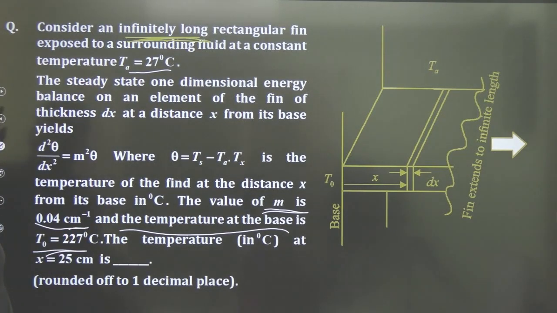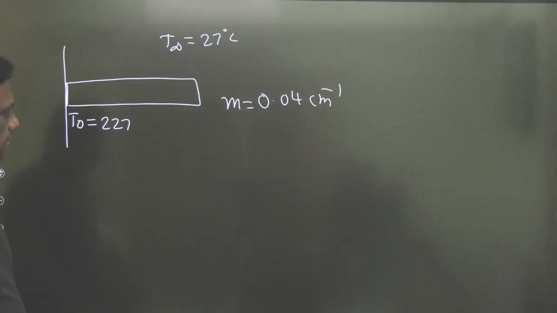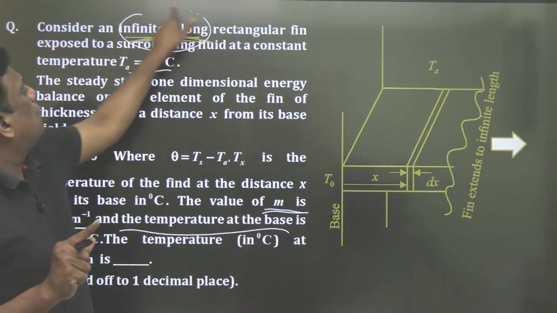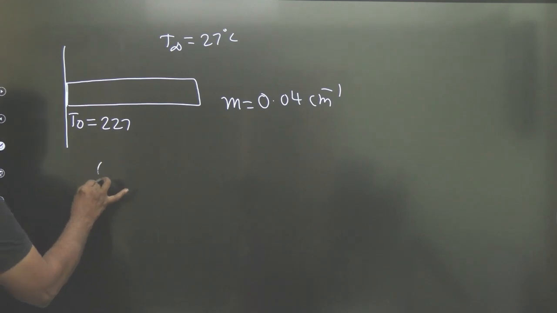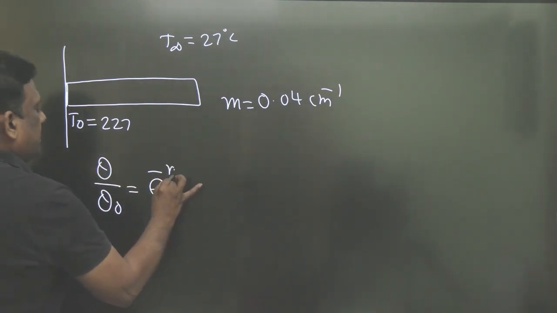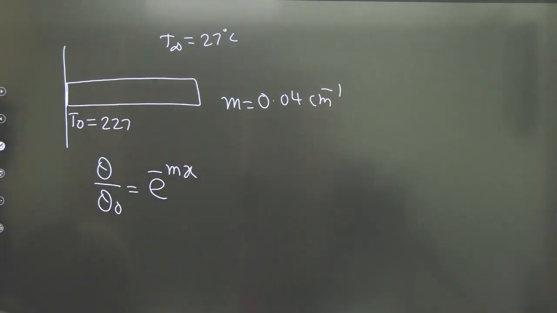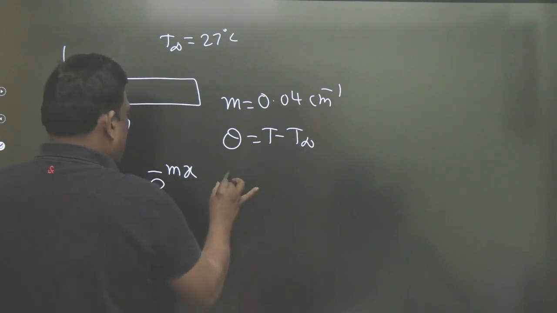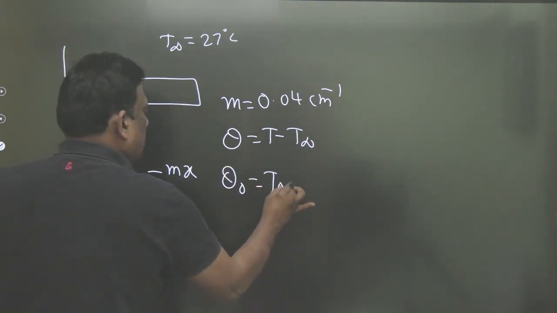Okay, no problem. And you know, my dear students, I have derived in my regular class for an infinitely long fin, theta by theta naught is equal to e power minus m x. What is theta? It is T minus T ambient. What is theta naught? T naught minus T ambient.